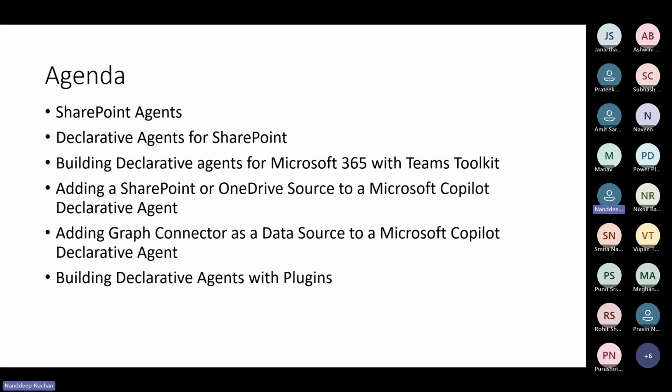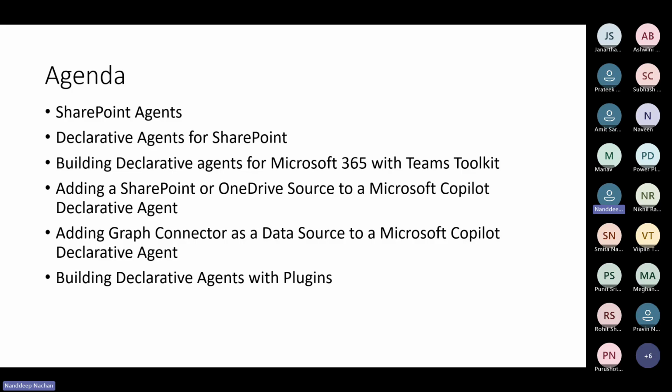Let's talk about the agenda, what we are going to cover in this session. We are going to keep it very simple at the start. We are going to go into the no code kind of experience, like how you will be able to create agents with SharePoint, because SharePoint is something we have been using for more than two decades now, and it is a part of our life.